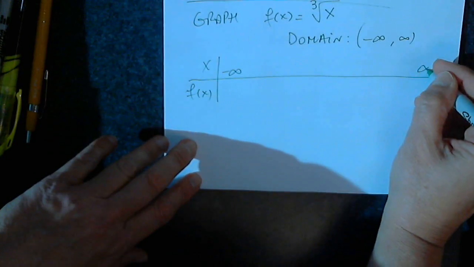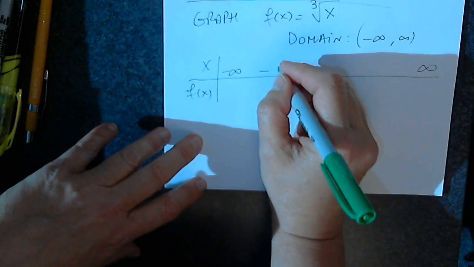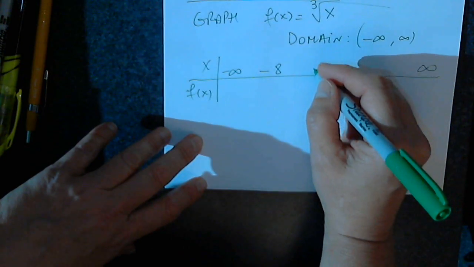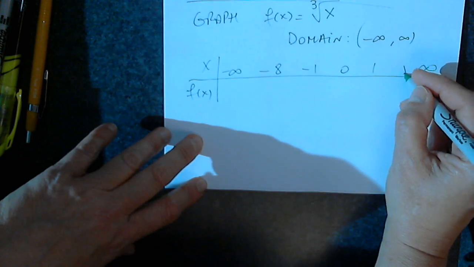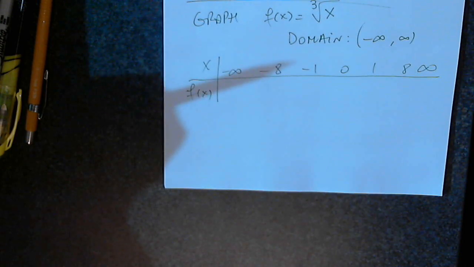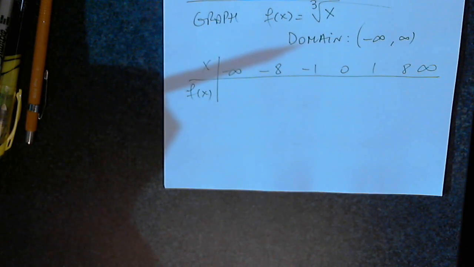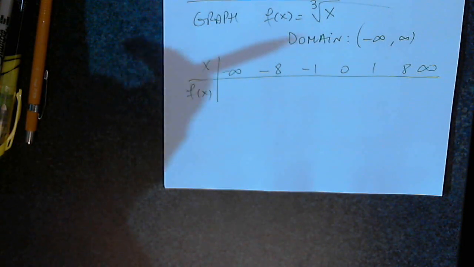So negative infinity to infinity indeed. And I just gave you a few x values. Here they are. Of course, I didn't choose 9 because I would have to use a calculator to find the cube root of 9. I chose -8, friendly, -1, nice, 0, 1, and 8.